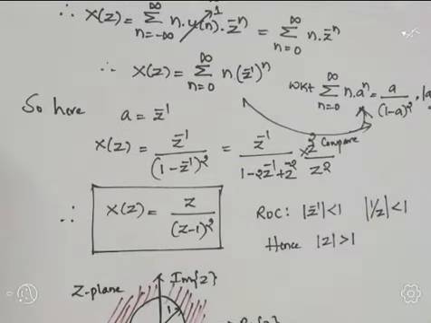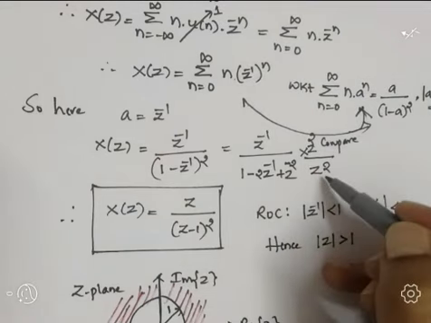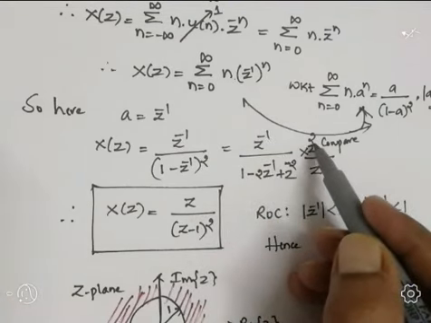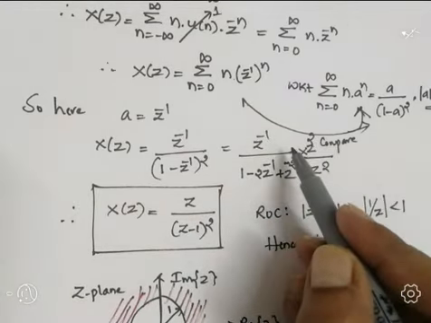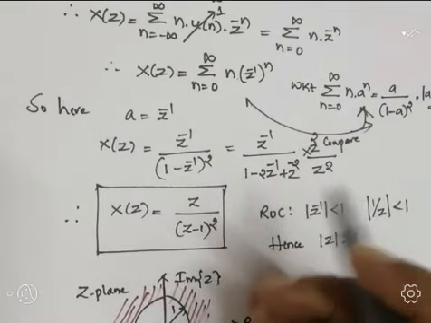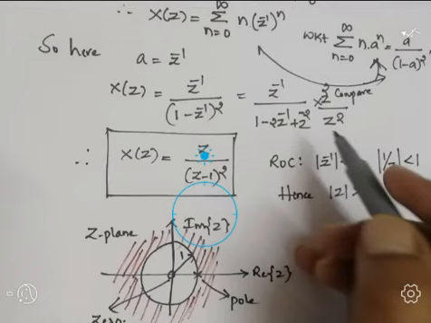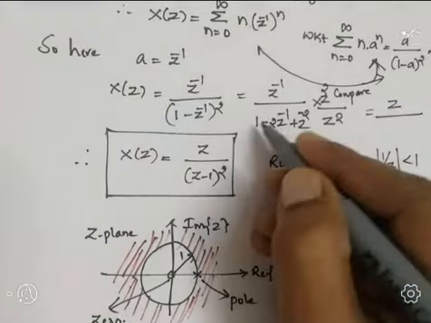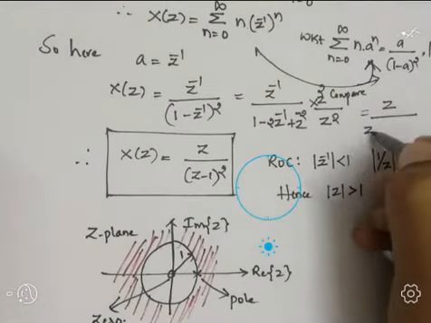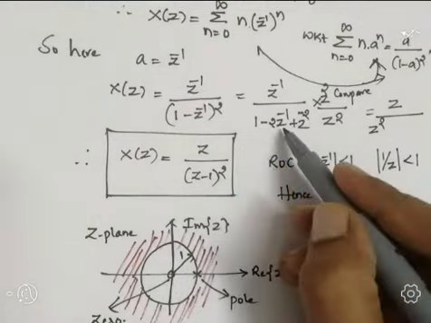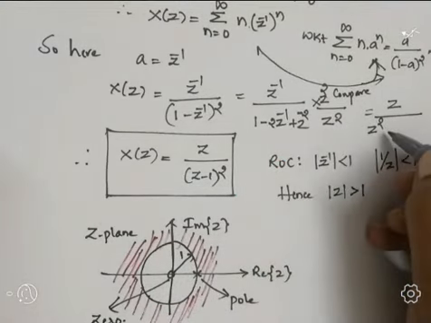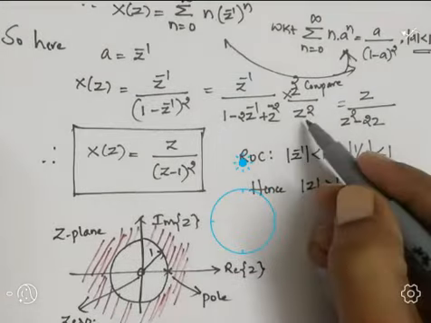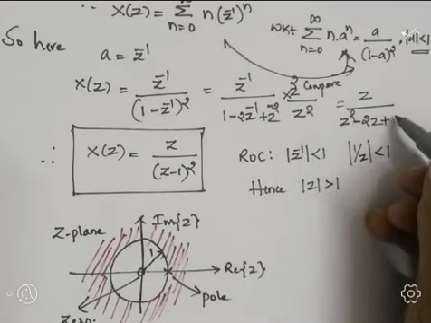So the numerator becomes z to the power minus 1 multiplied by z square, and adding the powers, minus 1 plus 2, it is z. The denominator is z square minus 2 z to the power minus 1 into z square, that is 2z, plus z to the power minus 2 multiplied by z square, which is 1.